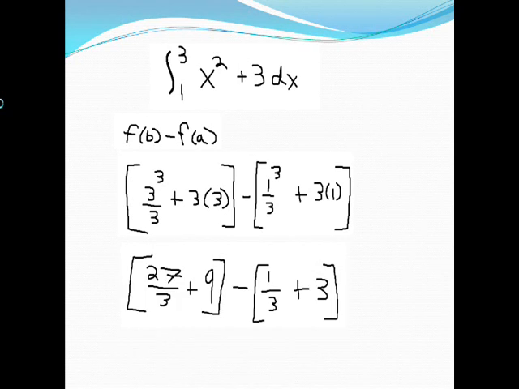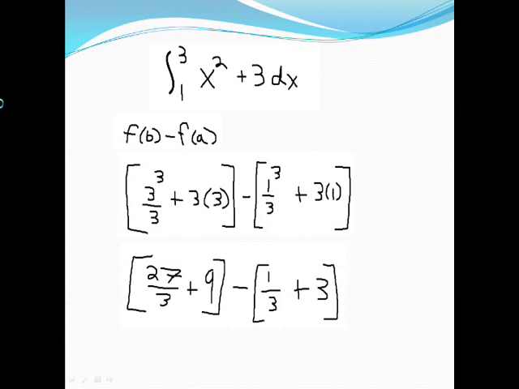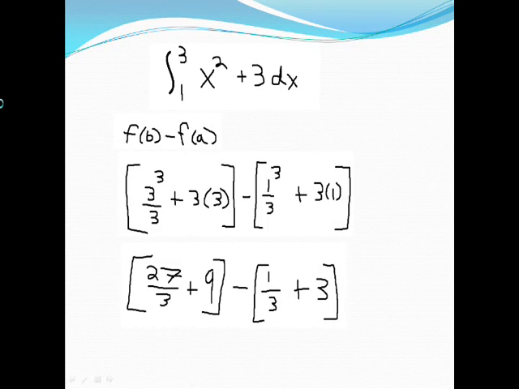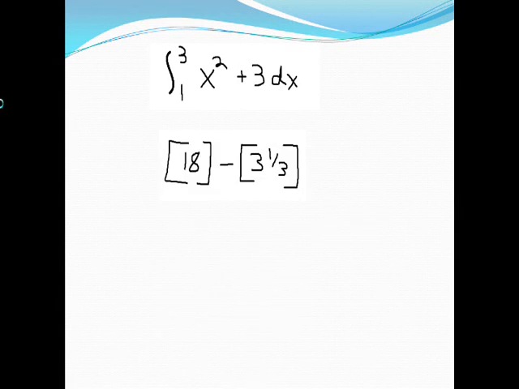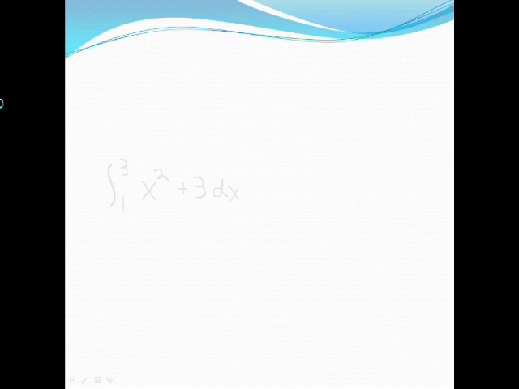On the left side you get 27 divided by 3 plus 9, and on the right side subtracted by 1 over 3 plus 3. Okay. That will give you 18 minus 3 and 1/3, which is 14 and 2/3. So your answer for x squared plus 3 dx is equal to 14 and 2/3.